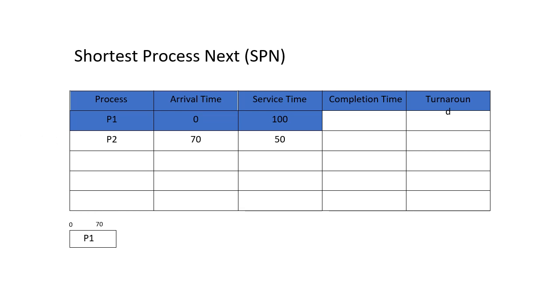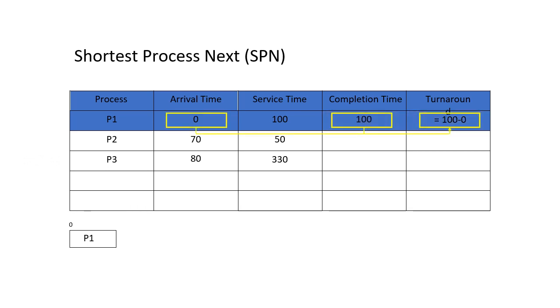The service time of P1 is 100 seconds, so P2, which arrives at 70 seconds, and P3, which arrives at 80 seconds, will wait to execute. P1 completes at 100 seconds. The turnaround time is the completion time subtracted by the arrival time. Therefore, the turnaround time of P1 is 100 seconds.